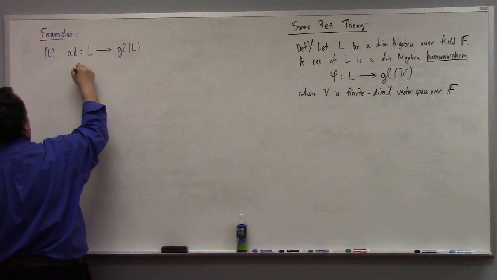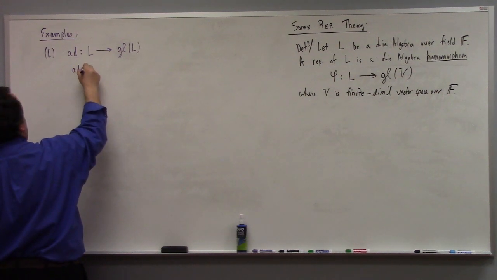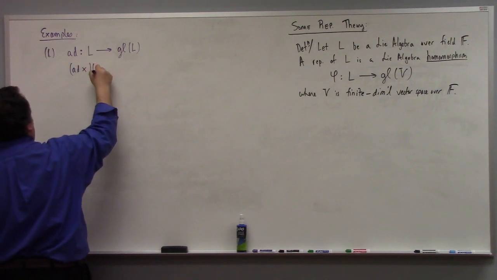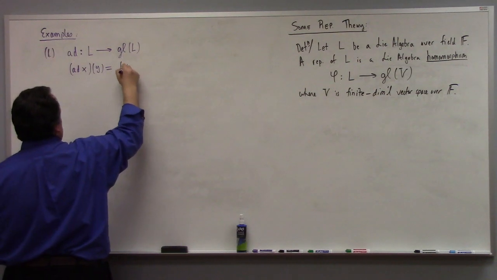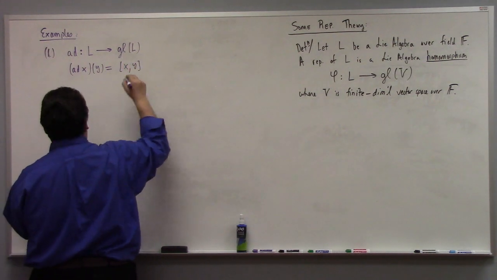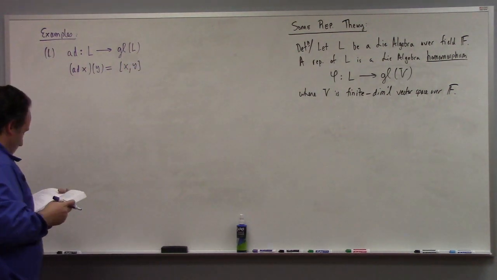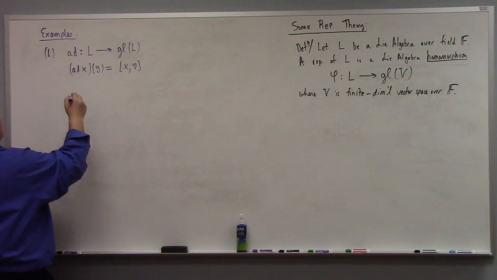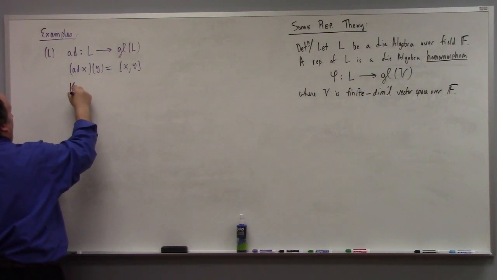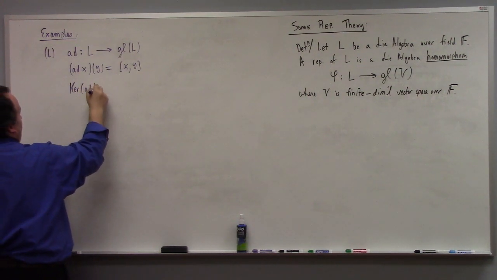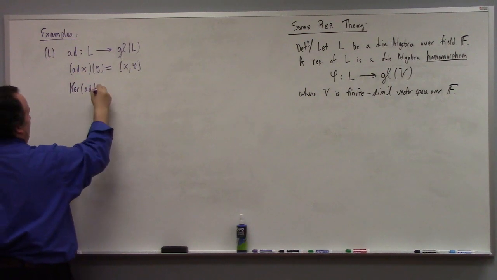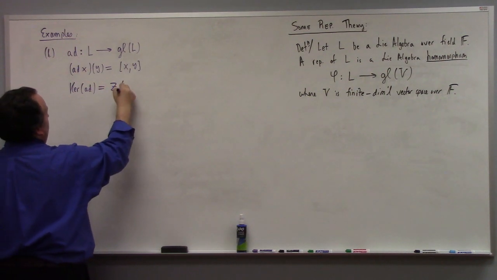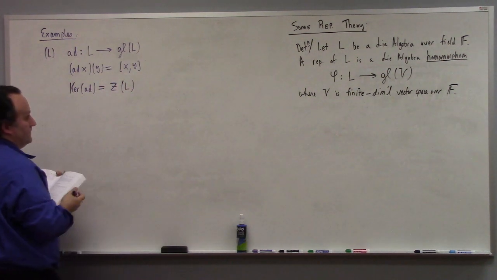The adjoint of x acting on y is given by the bracket of x and y. Remember, we had that the kernel of the adjoint mapping is actually equal to the center of the Lie algebra.